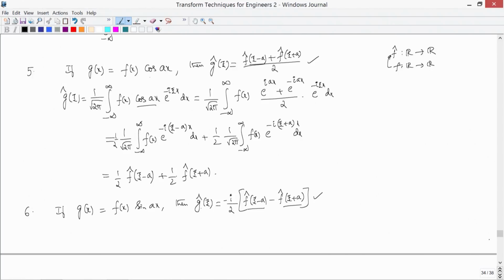So g is a real to real function, but g cap is real to complex. So it is not allowed. So let us not give this property, we cannot do this. Okay.